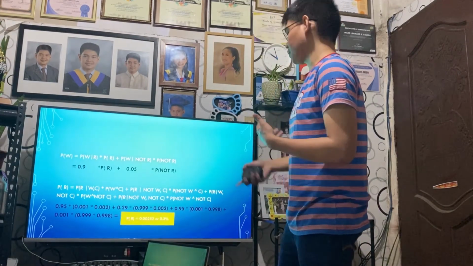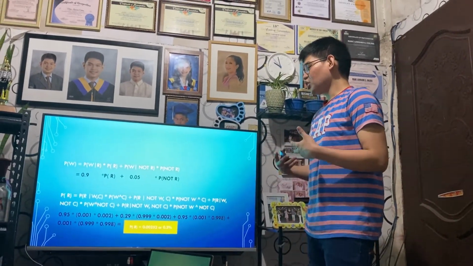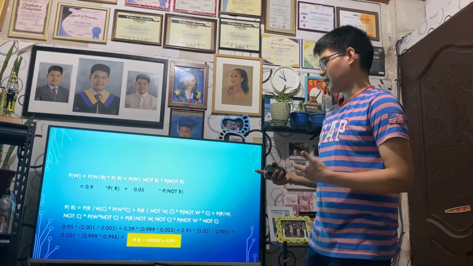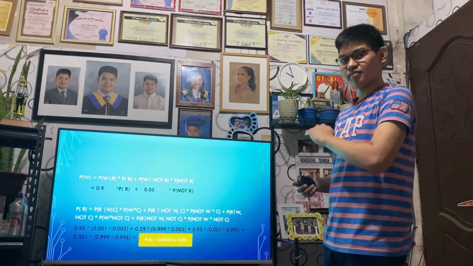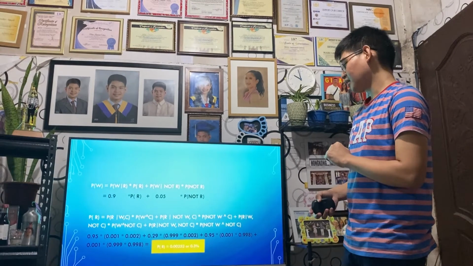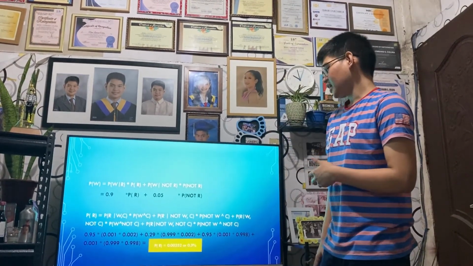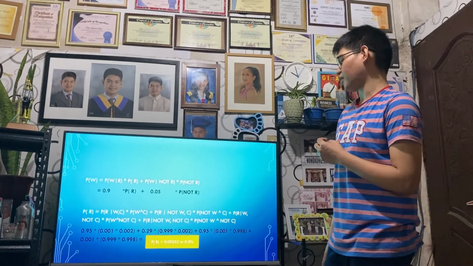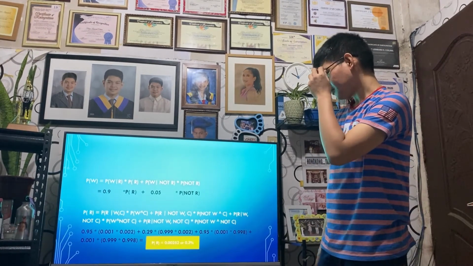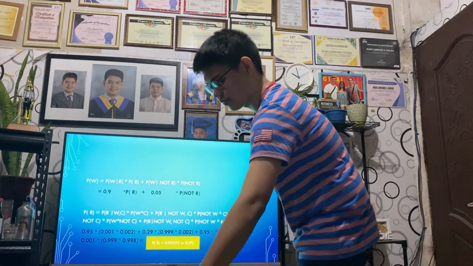We continue this process until we have checked everything in the truth table, and then we have this value. So the probability of rain is 0.00252, or 0.25%.